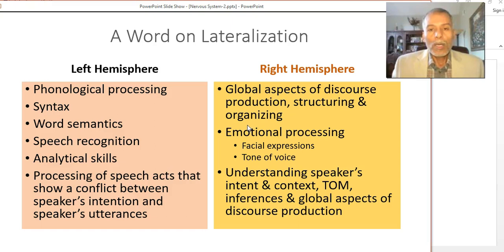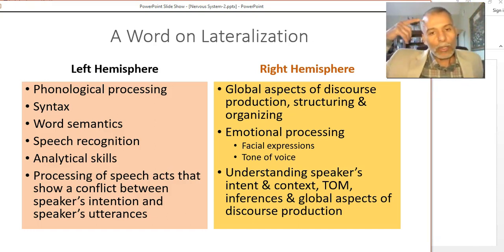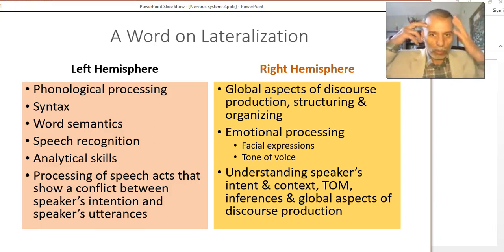So the other thing is, the right hemisphere of the brain controls the motor functions of the left side of the body. So if someone has a stroke in the right hemisphere and that affects motor functions, that person's left side will be impaired. It could be paralyzed, it could be weaker.